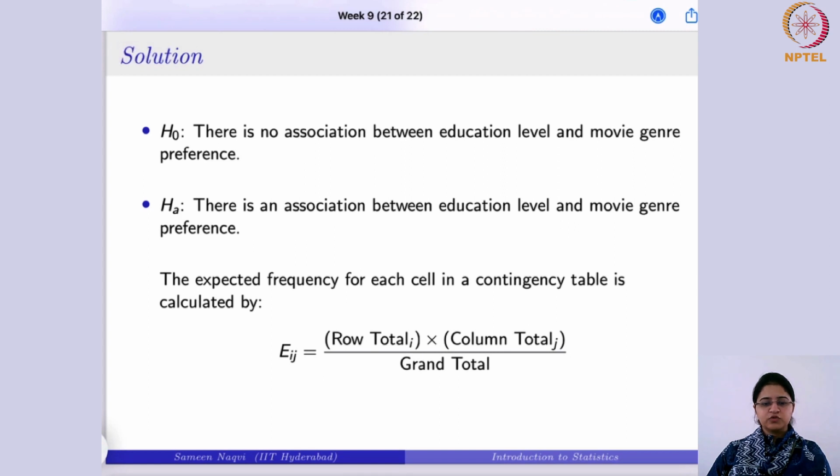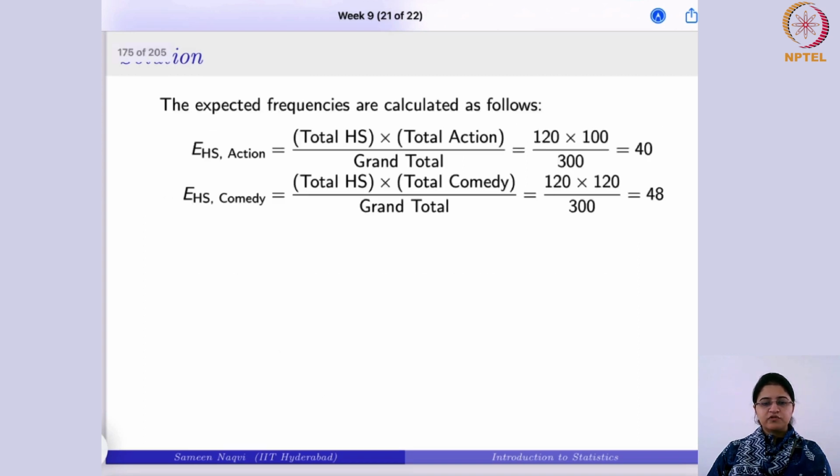Expected frequencies, we know that it will be, for the ith row and jth column, you will take the ith row total and multiply it with the jth column total and divide by the grand total. So if I consider high school and action, this corresponding cell is the total high schools and total action, that is the row total and column total, and you divide by the grand total.